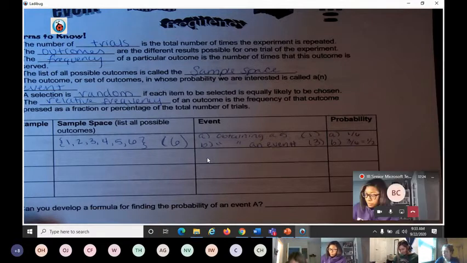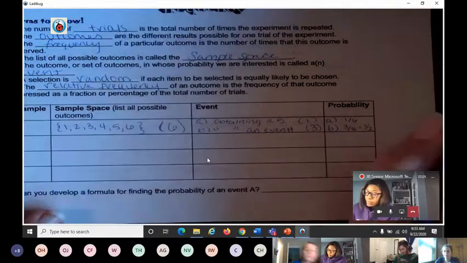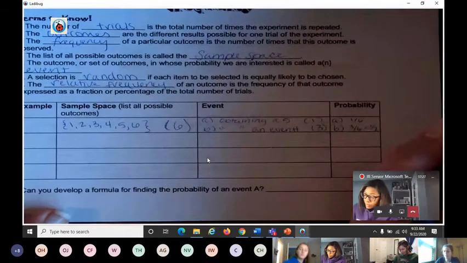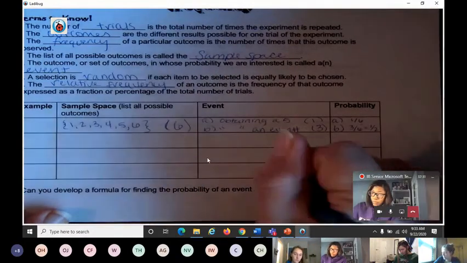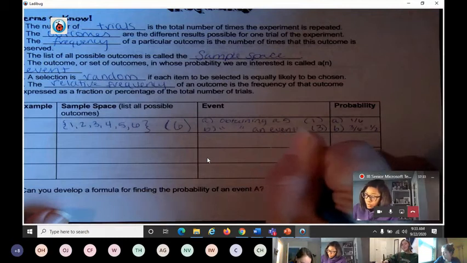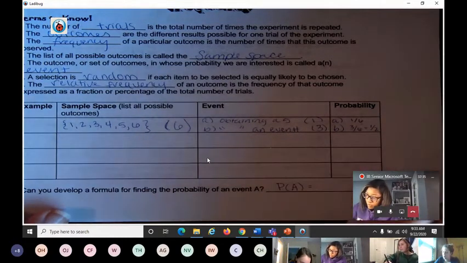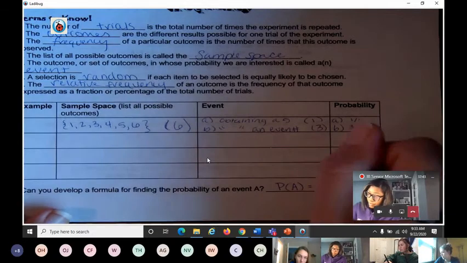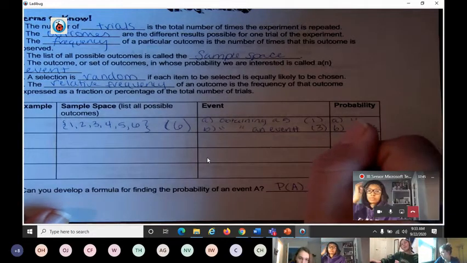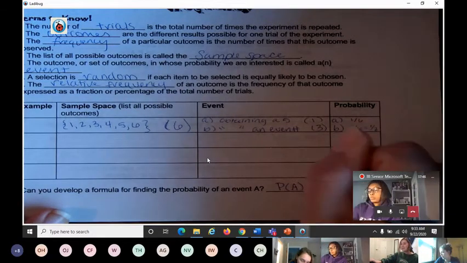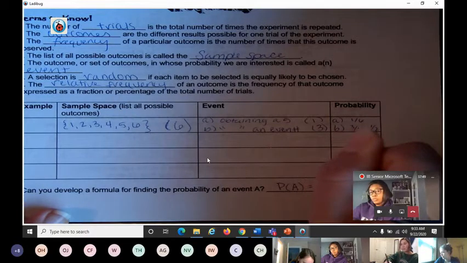Okay, so at the bottom, it asks, can you develop a formula for finding the probability of event A? So the probability of A happening is going to be, how are we going to say this? Does it give a variable? So the number of times we could get the event A over n of our sample space.